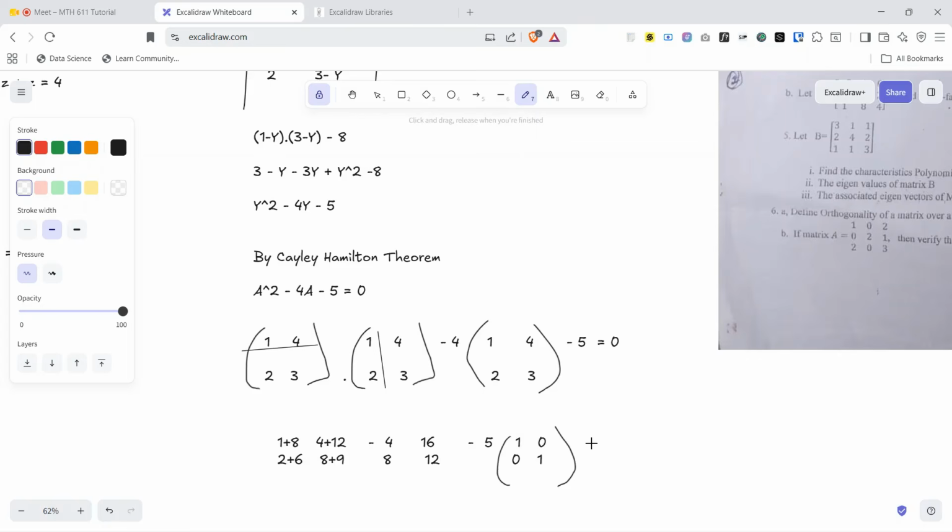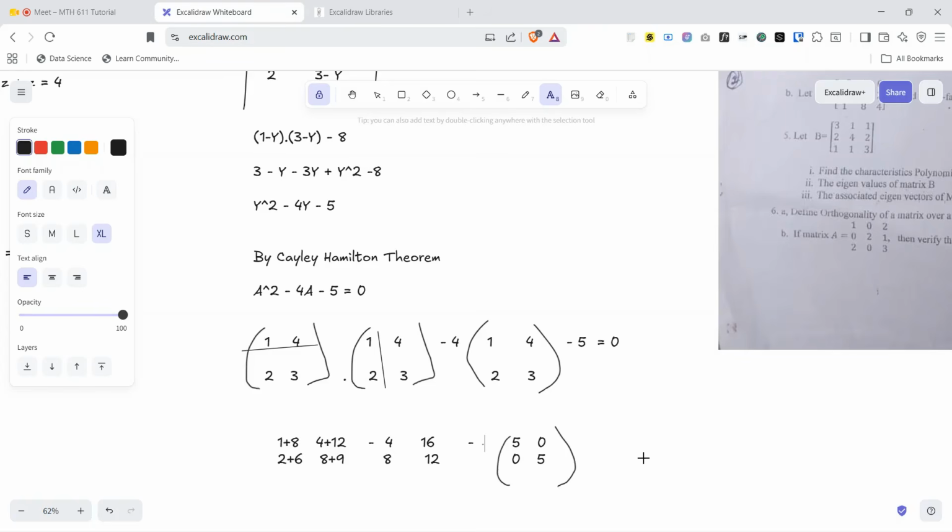By the time we are multiplying, this is going to give us 5 times 1, that's 5, and 5 0 0 5. So this is the representation of 5 in matrix form.